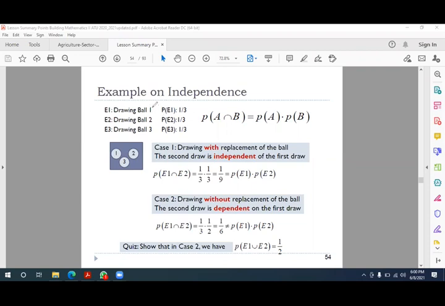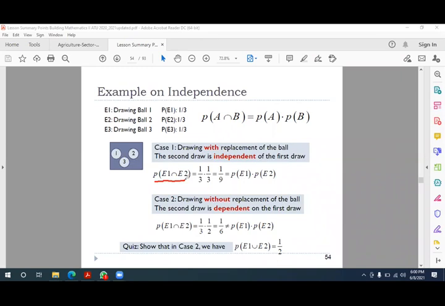And we are being asked to find the probability. First, case 1, draw with replacement of the ball. The second ball is independent. If we are selecting two balls, we've been asked to find the probability of E1, selecting the first ball, and the second ball being event 2.